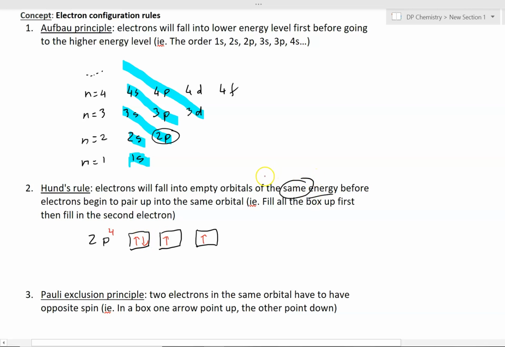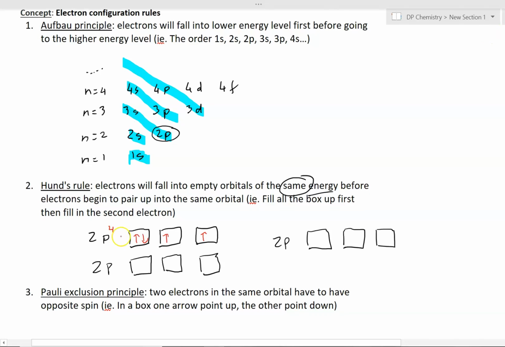You will not have the case where in 2p4 the 4 electrons all pair up, leaving an empty orbital. That will not be correct according to Hund's rule. If you fill it in such a way, down first, and then one up pairing in the middle, that will still be acceptable, as long as you fill the empty orbitals first and then pair up.